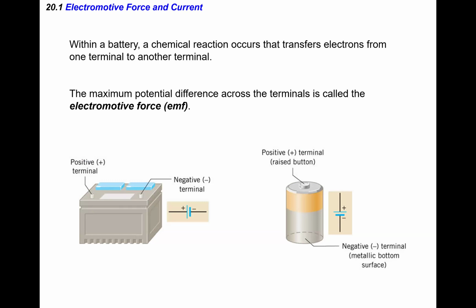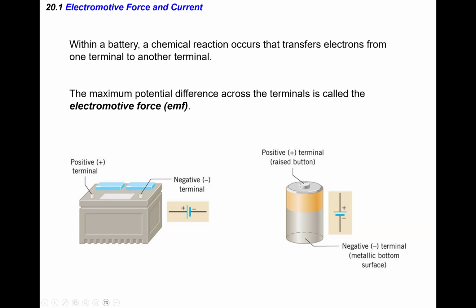Okay, so within a battery, the reason a battery can provide continuous power is that a chemical reaction happens and it transfers positive charge to the positive lead and negative electrons to the negative lead. And when the chemical reaction stops, then your battery is dead, okay? Here, the maximum potential difference across the terminals is called electromotive force.